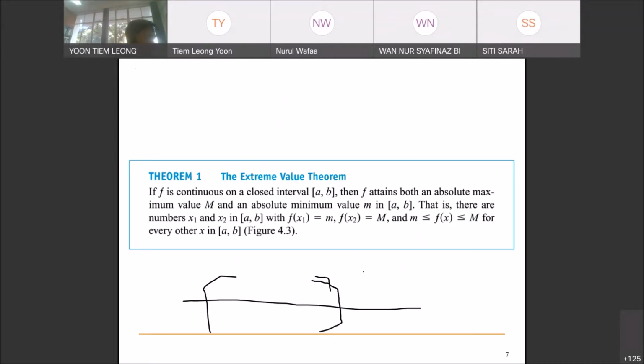So if you have a function which is defined on a closed interval of a and b, where a and b could be the domain or not, as long as it's an interval and the function is defined within this closed interval. Then, in addition, the function f defined on this interval is continuous. Right?